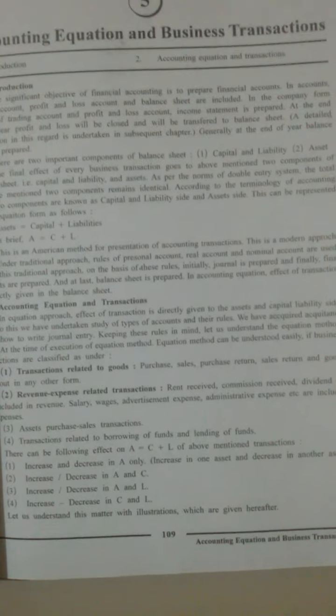Furniture and cash are both a type of asset, correct? So first of all you have to write down cash 50,000, then furniture is increasing, therefore you have to write furniture purchased and add 10,000. If it is increasing then you have to add that amount, and if it is decreasing then you have to minus that amount.